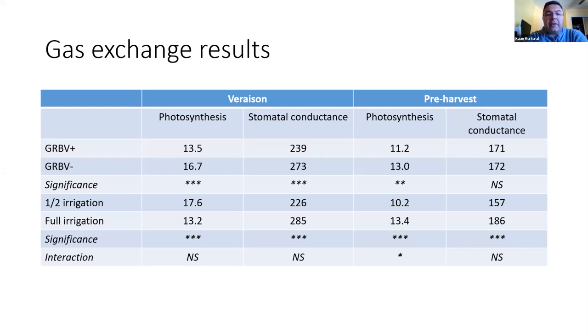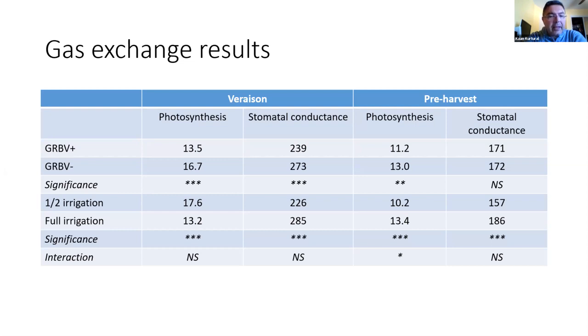So here are the gas exchange results. At veraison, and again pre-harvest at 21 degrees Brix, photosynthesis in grapevine red blotch negative vines is higher. Stomatal conductance is also higher.